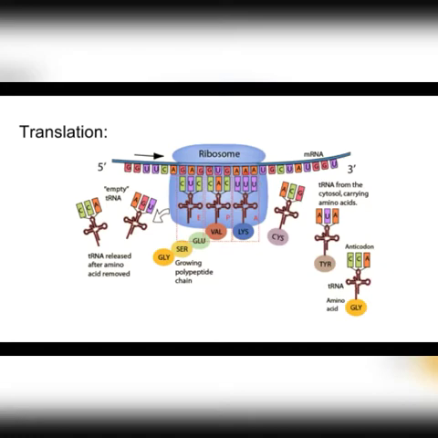And as tRNA and mRNA build up using peptide bonds, they start to create polypeptides, which are also known as a protein. So that is the process of protein synthesis.